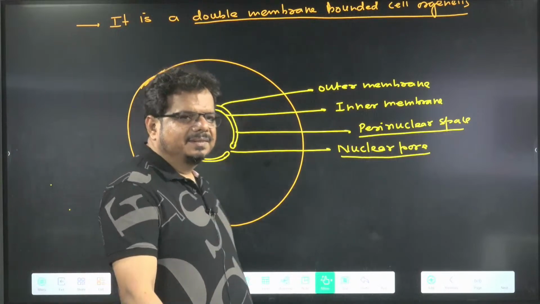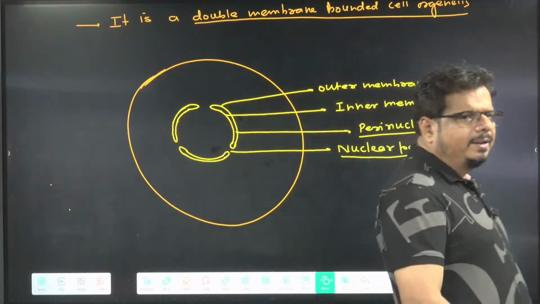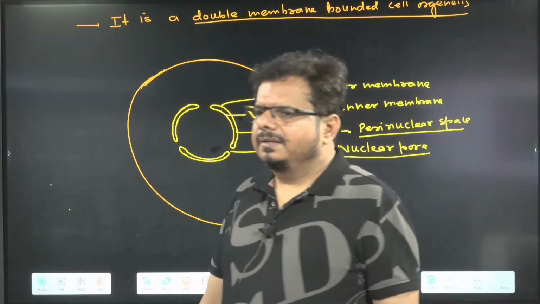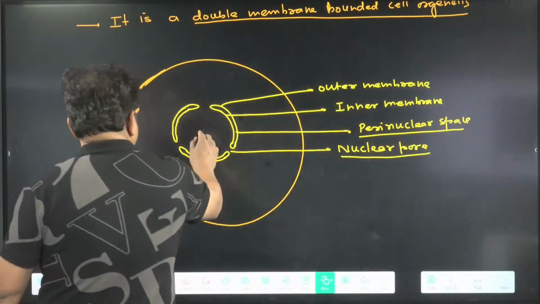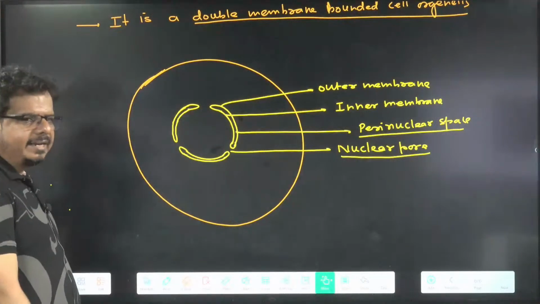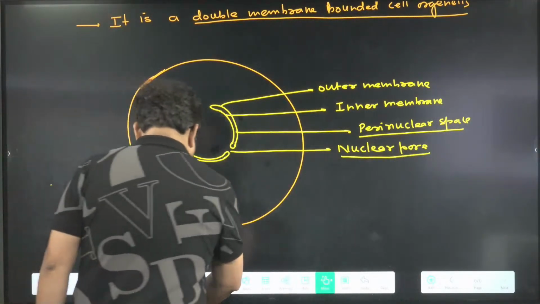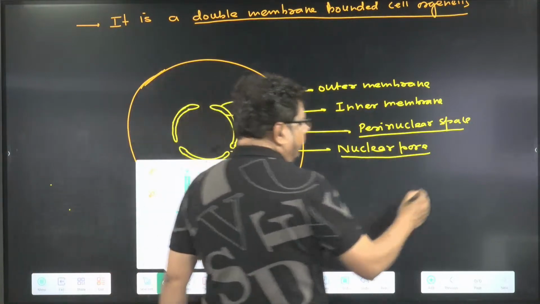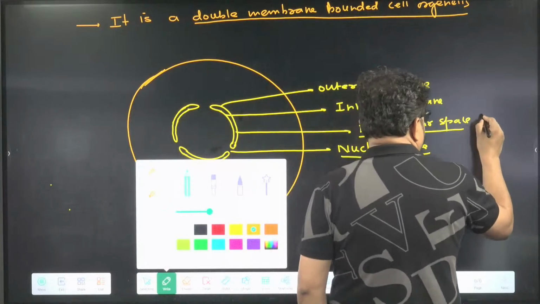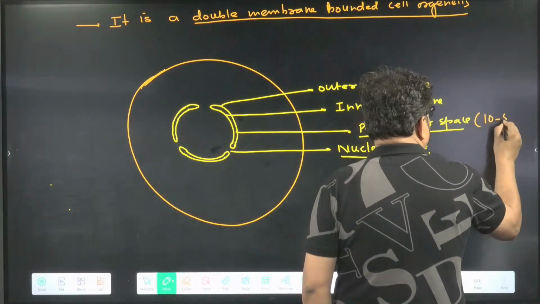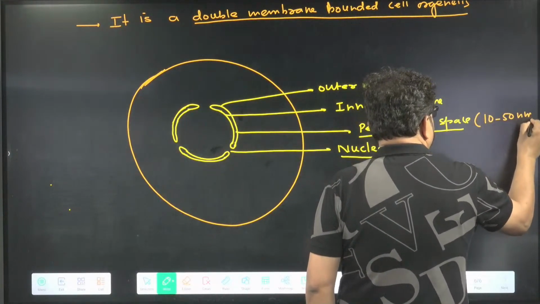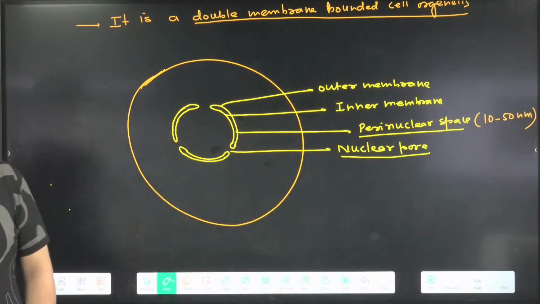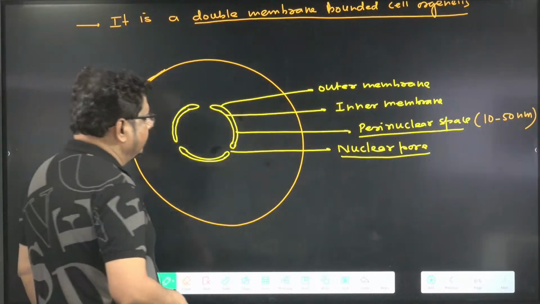Any membrane or perinuclear space, all are a barrier between the inside of the nucleus and the outside of the nucleus. It is acting as a barrier or not? Perinuclear space is how much in diameter? 10 to 50 nanometer.